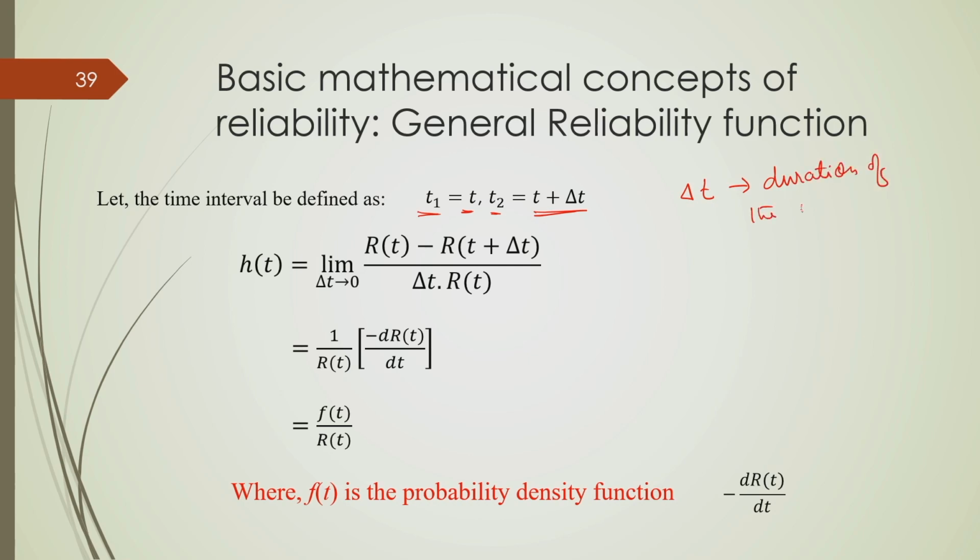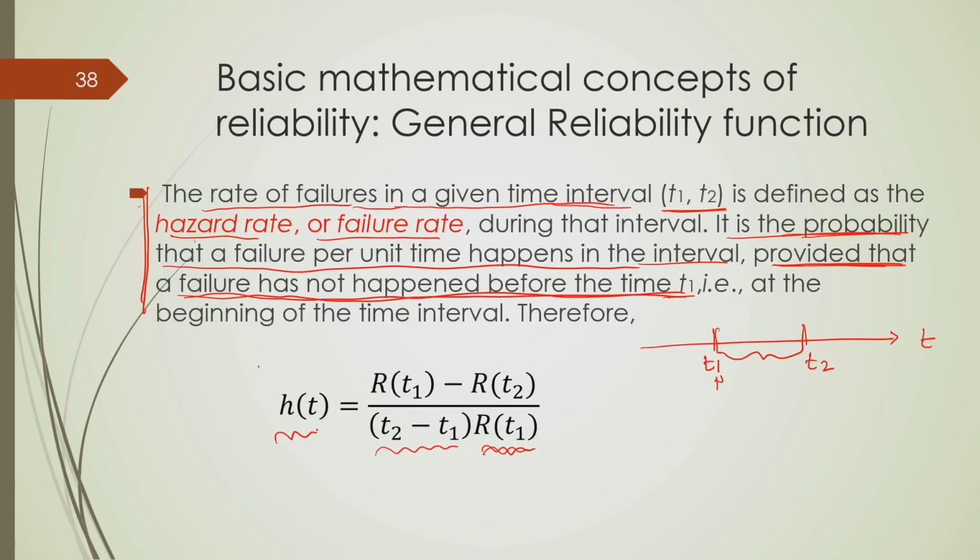Now, according to this definition of the hazard rate, since it is a time varying function, we also call it the instantaneous failure rate. It is represented by R(t1) minus R(t2) divided by the time duration t2 minus t1, divided by R(t1).